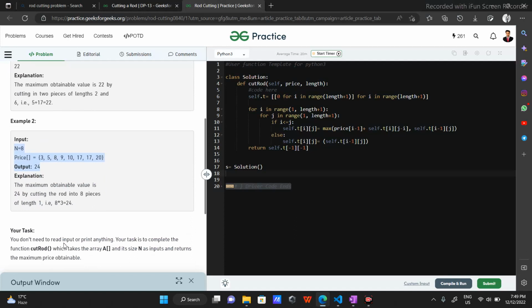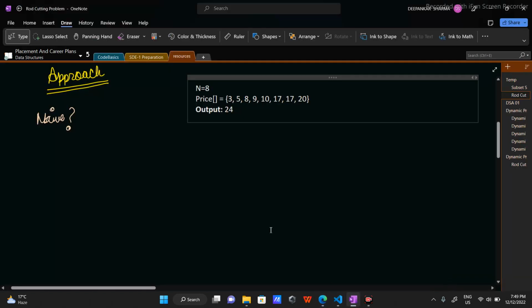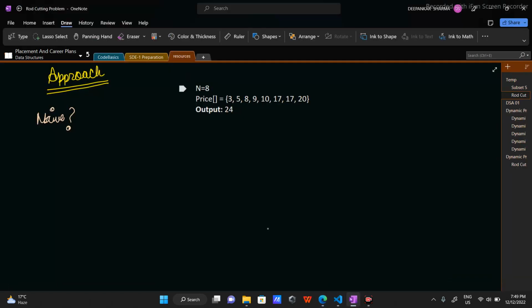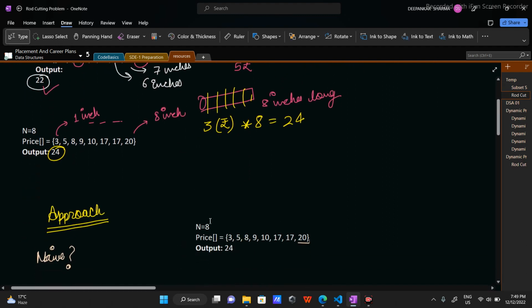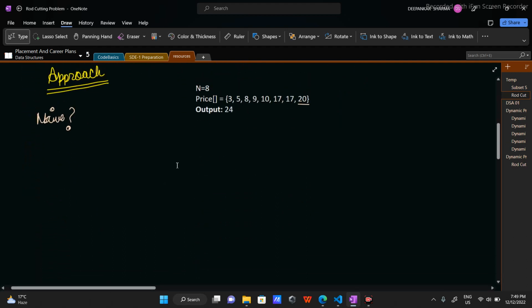Earlier, if I have a rod of 3 that costs me 3 rupees for 1 rupee, 1 inch piece of this rod, I'm selling multiple 1 inch rods, right? So in this problem, I can have multiple instances of the same piece.